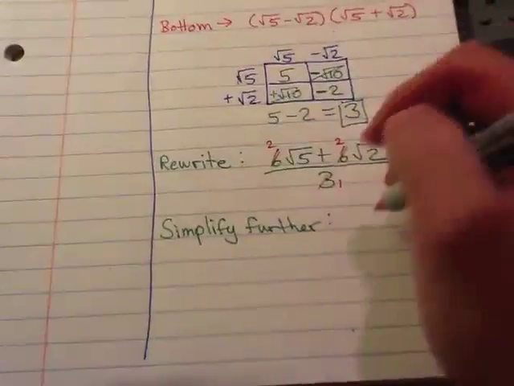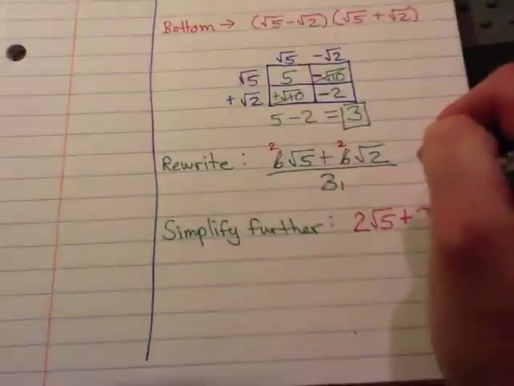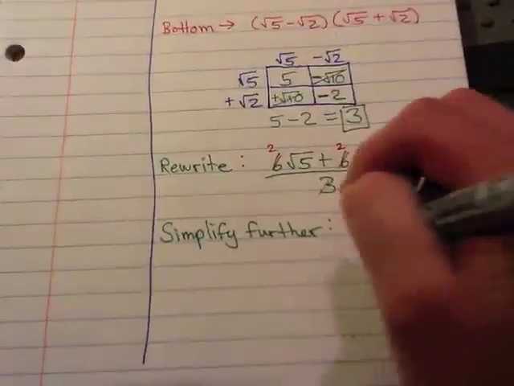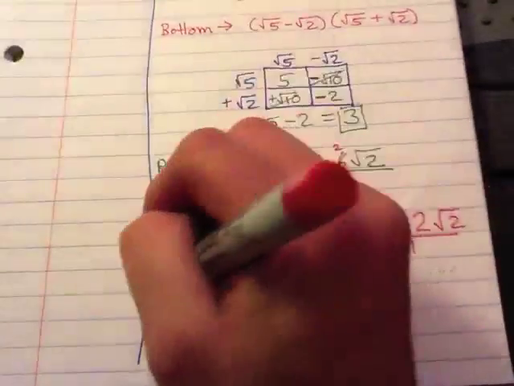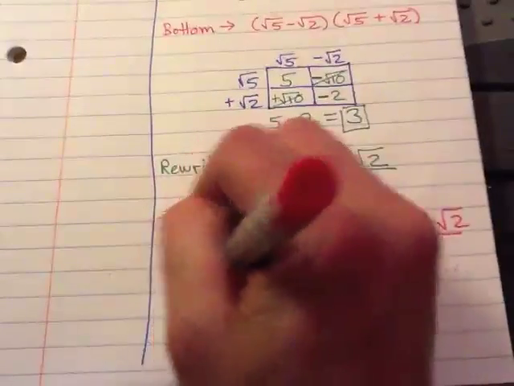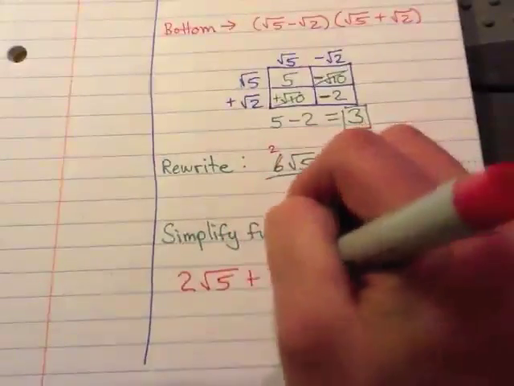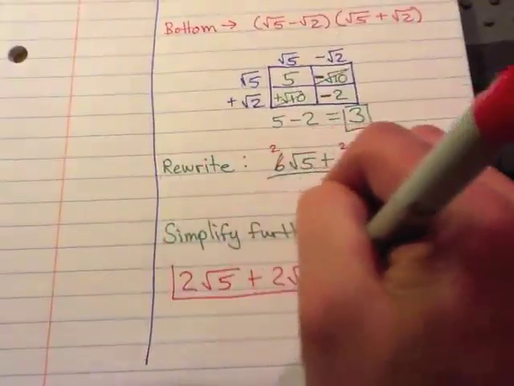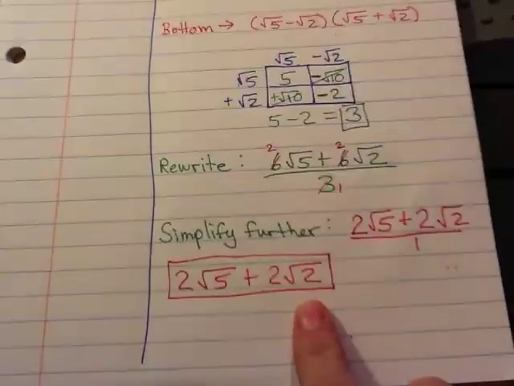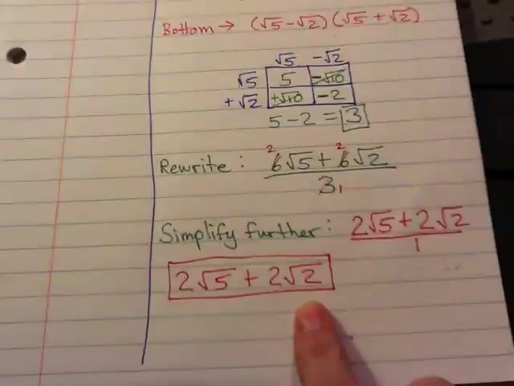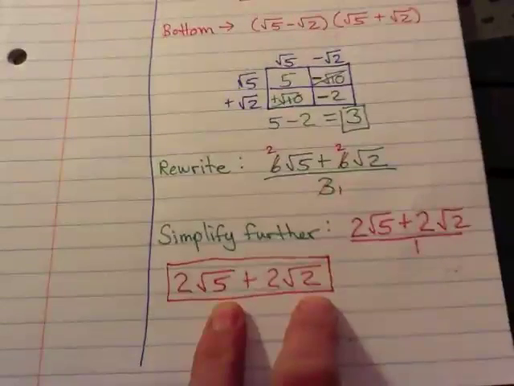So now I end up with 2 square root 5 plus 2 square root 2 all over 1, which is 2 square root 5 plus 2 square root 2. And I'm done. In this case, the fraction actually went away altogether. Okay, this can't be added together because it doesn't have a like radical.